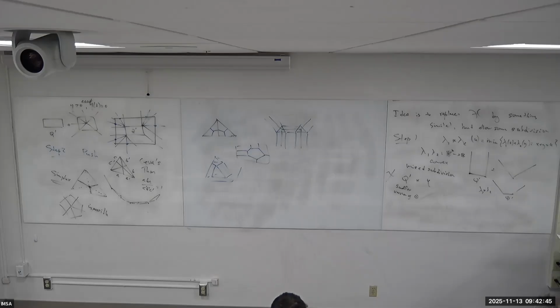This guy, he has like a product. It's a product of the 2 bases. So it's a product of this subdivided guy over here times this one. And then it's just a line. Goes up.